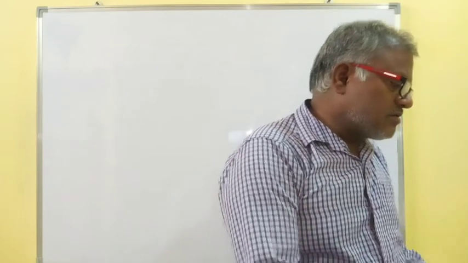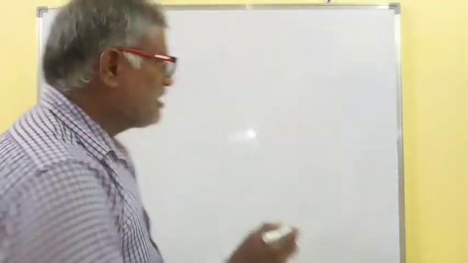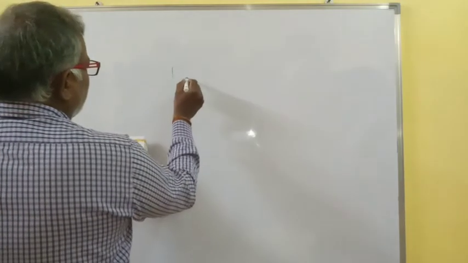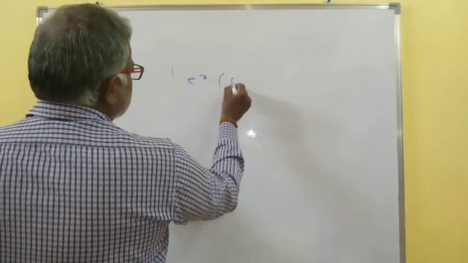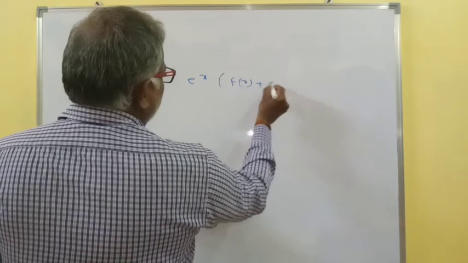So up to the 10th one over. Next, already in the previous one, the 11th question is over: e power x into f of x plus f dash x. One formula you should remember: integral of e power x into f of x plus f dash x.